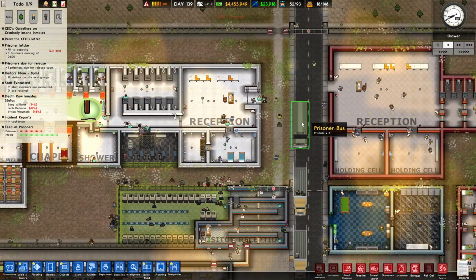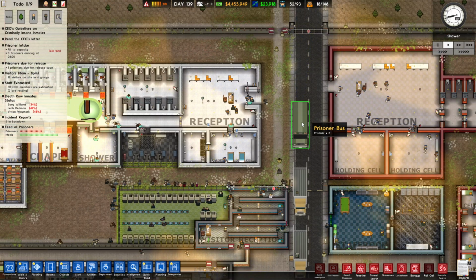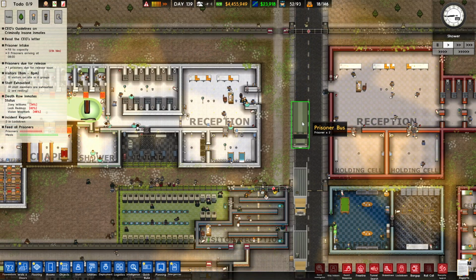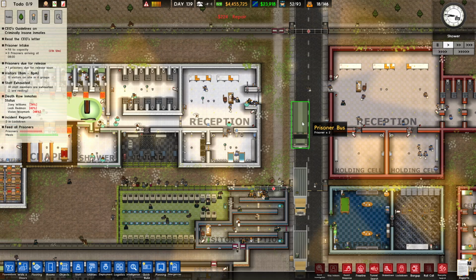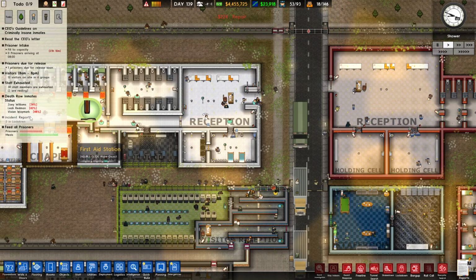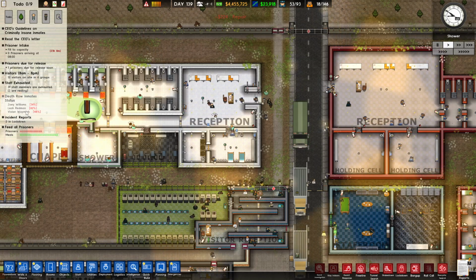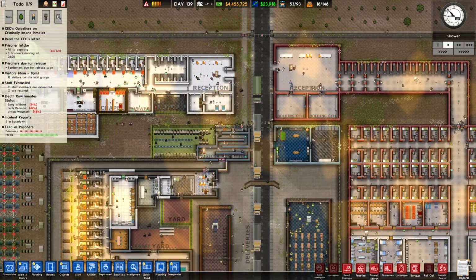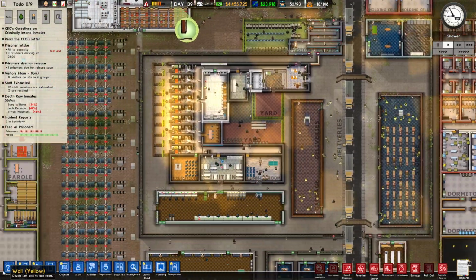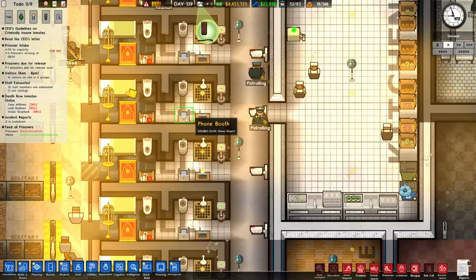What have we got arriving? No prisoners arriving. Oh, I've already missed it. I don't know. So one of them is death row, and the other must be criminally insane. A process of elimination, obviously.